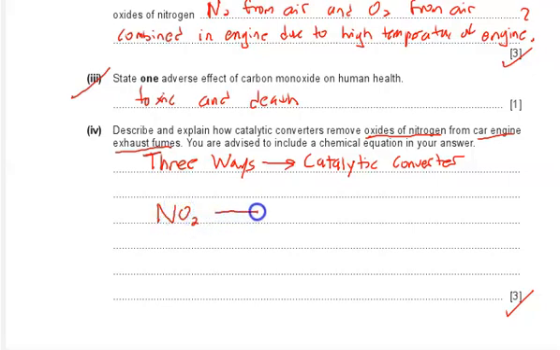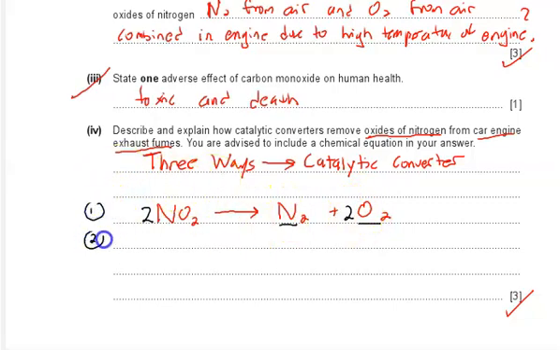When the gas enters a catalytic converter, it will convert into nitrogen gas plus oxygen. Here's the equation. Here's 2, so we can balance it. These gases are harmful in our atmosphere, so they change nitrogen dioxide to nitrogen gas and oxygen. This is the first one.